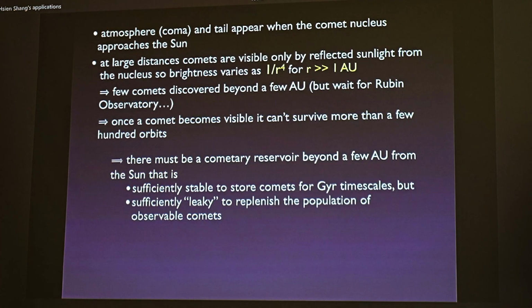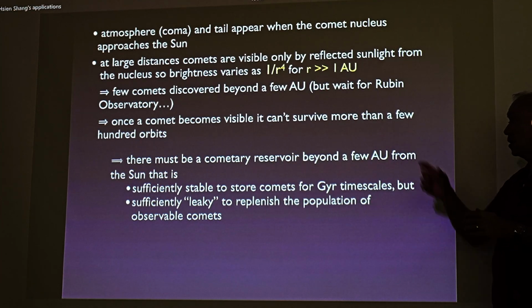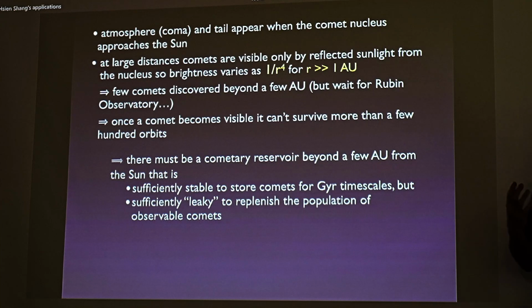The other consequence of these basic facts about comets is that there has to be what I've called a cometary reservoir. Since the comets only last for a few hundred orbits once they become visible, there has to be some reservoir beyond a few astronomical units from the sun that's both stable enough to store the comets on timescales comparable to the age of the solar system, that is on gigayear timescales, but it can't be completely stable.